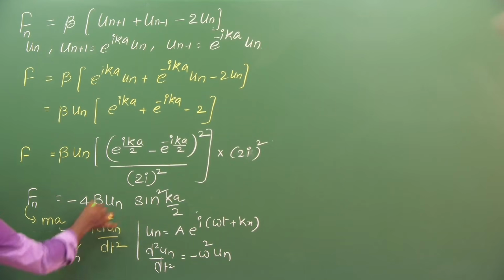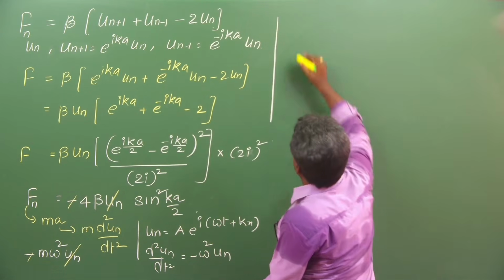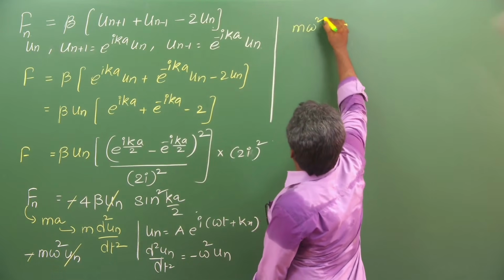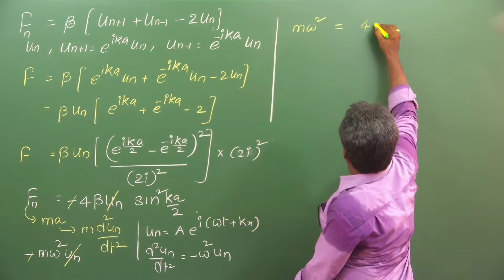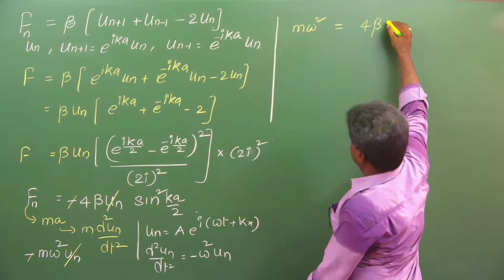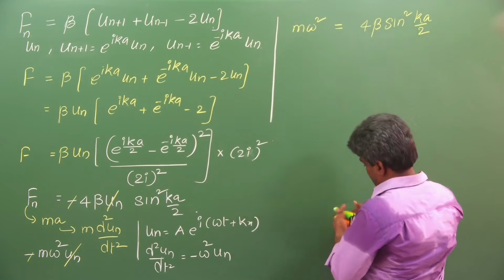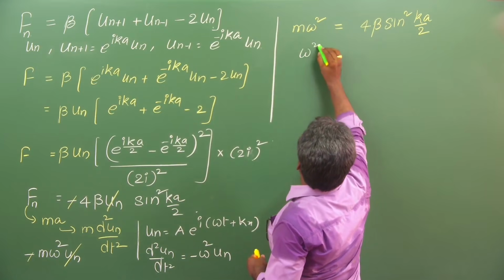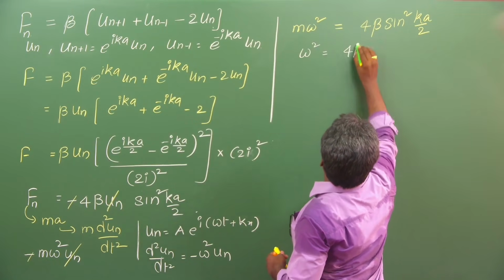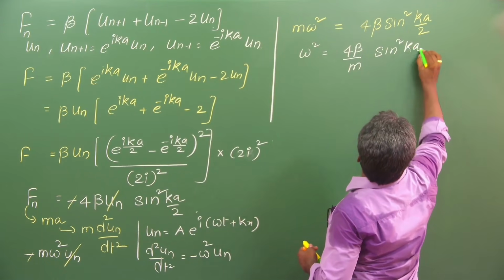Now un, minus gets cancelled. Finally m omega square equal to 4 beta sine square ka by 2. Finally omega square equal to 4 beta by m sine square ka by 2.